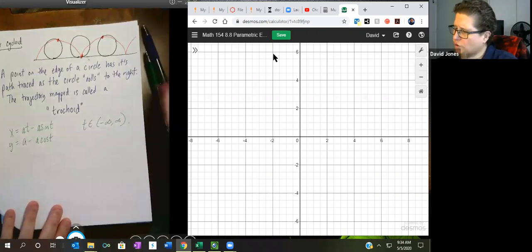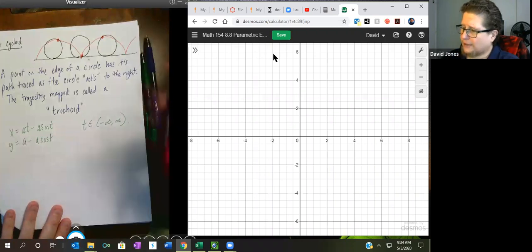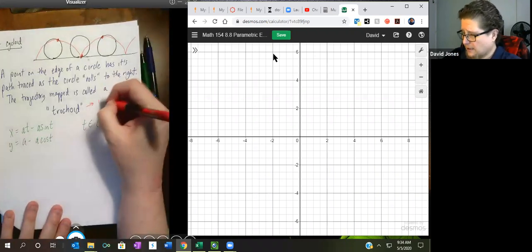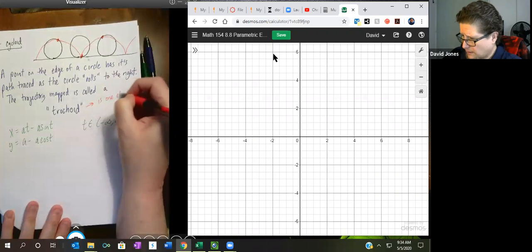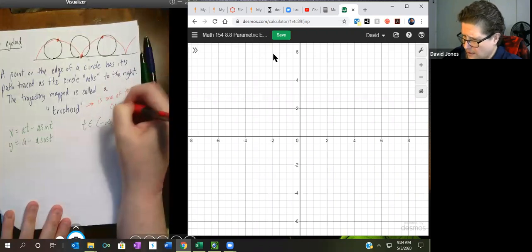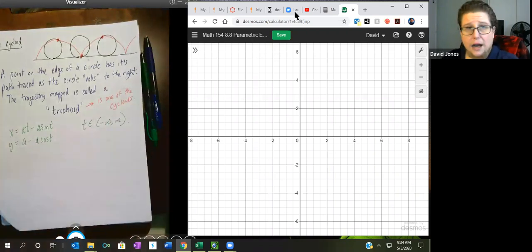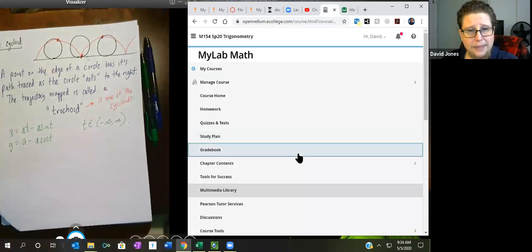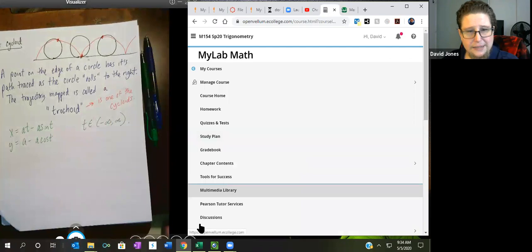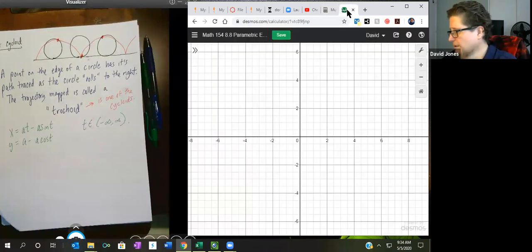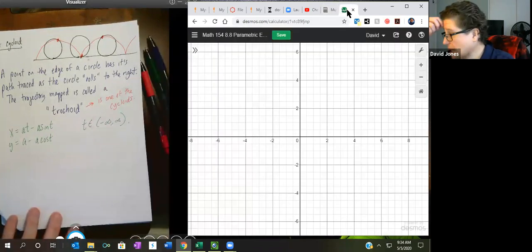A trochoid is one of the cycloids. There are other ones. If you want to check them out, I recommend looking at the multimedia library section. It discusses them. You're not getting tested on any of that, but it is handy to see how it graphs out.